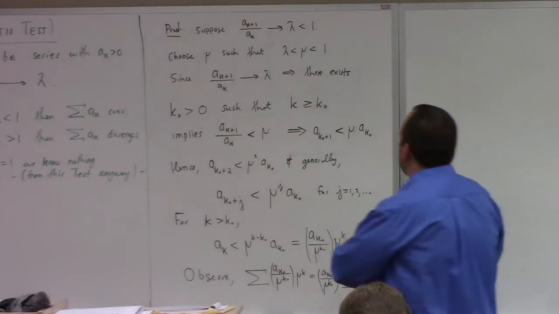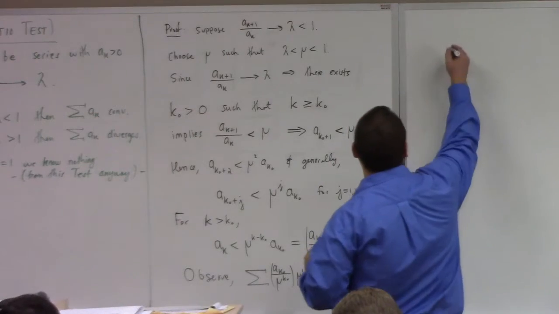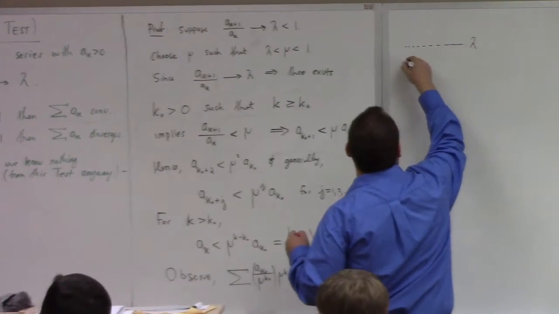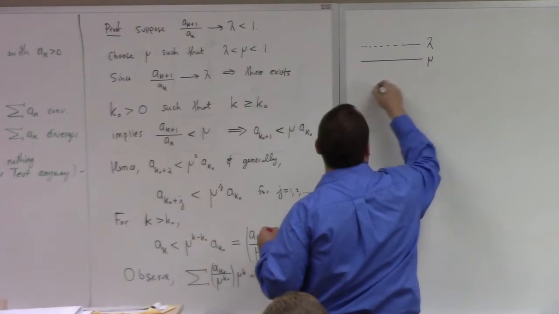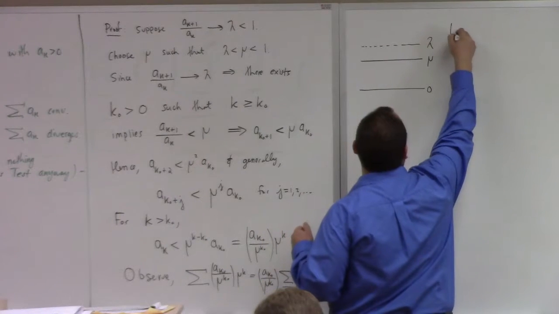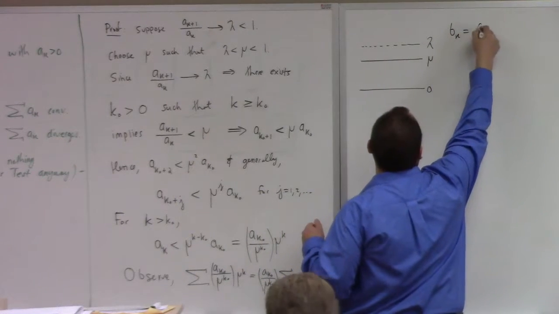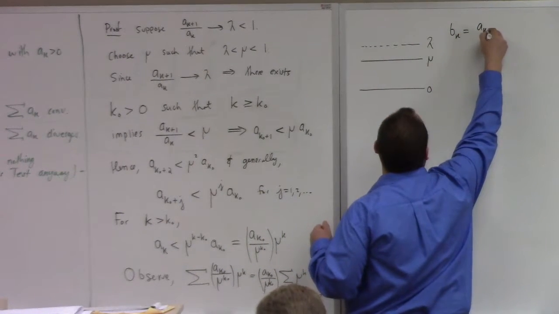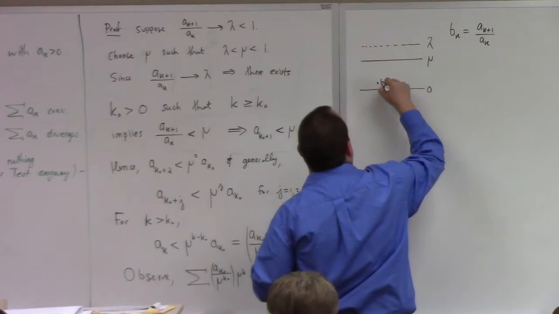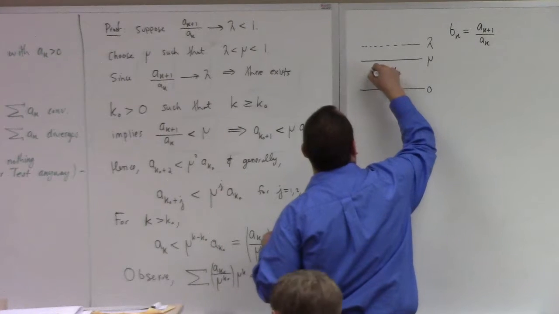Maybe a picture helps with that idea. So here, you're tending to lambda. You've got mu in here, 0's down here, and so let's say b sub k is equal to a sub k plus 1 over a sub k for the sake of illustration. So maybe b1 is down here, maybe b2 is down here, maybe b3 is.